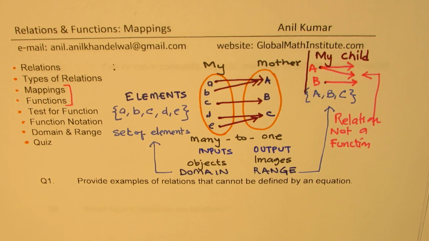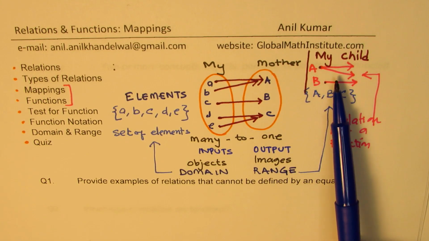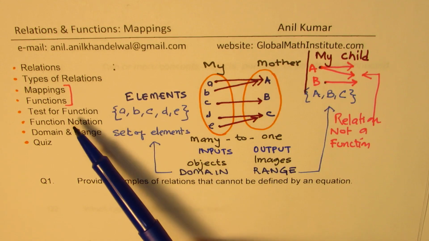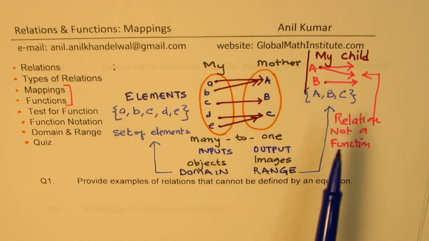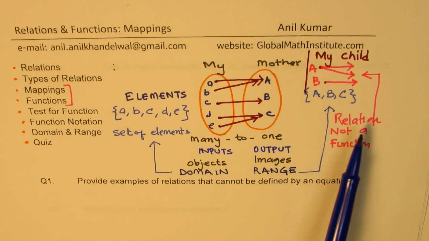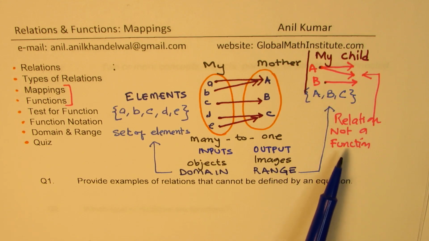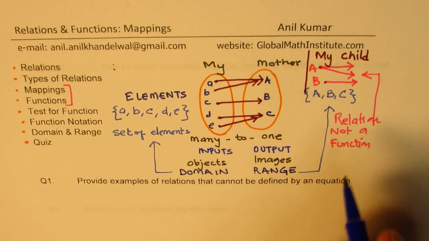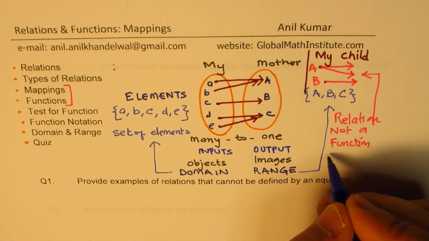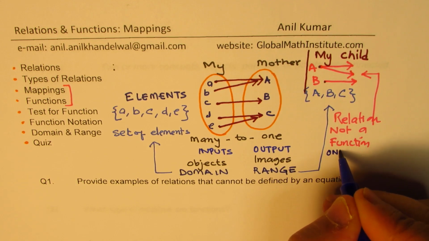Correct? So we are not specific. We have an ambiguity. So when we are not specific, it is very difficult to talk about it logically. And so it fails that logical test. And we still call it a relation. It is definitely a relation. However, we do not give it that special name of a function, right? So that relation is, as you can see, one to many.